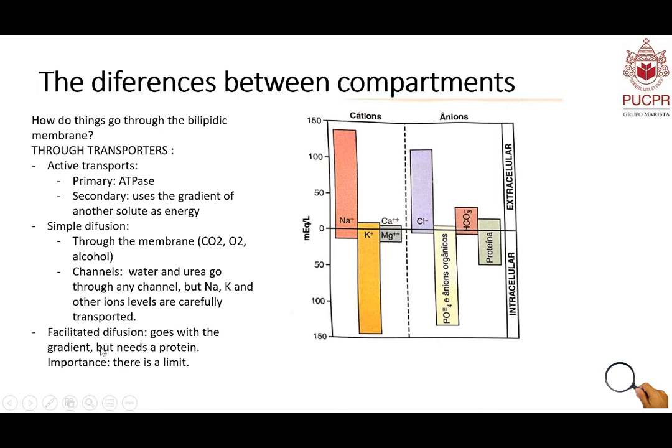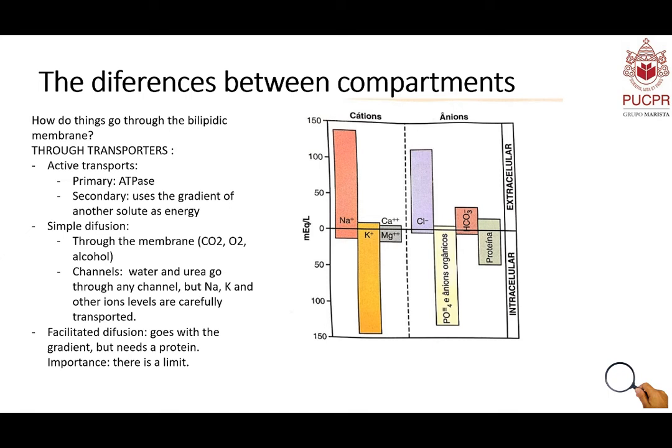Well, we also have another kind of transportation called facilitated diffusion. This is a very interesting thing. It puts a substance inside or outside the cell following its gradient. So it's like a channel that allows something to go inside or outside the cell, but it's not a simple channel. It actually changes the protein structure in order to take the other substance inside the cell.